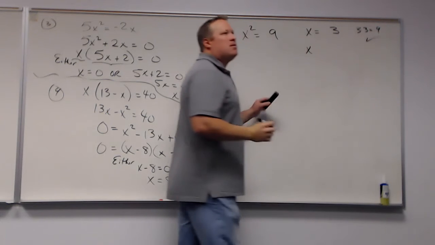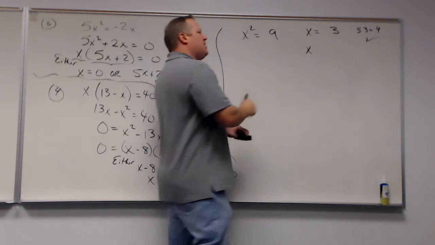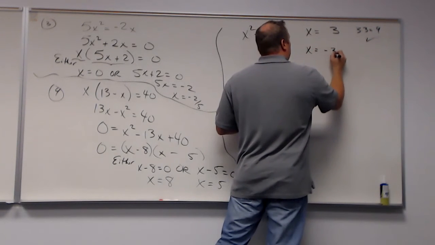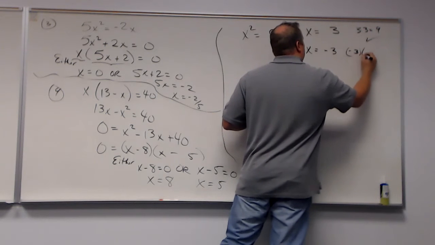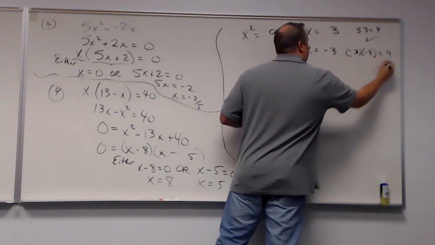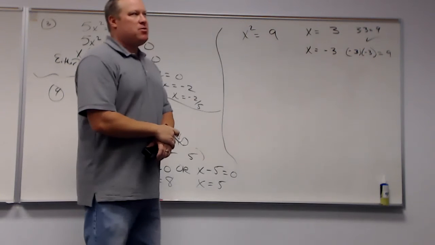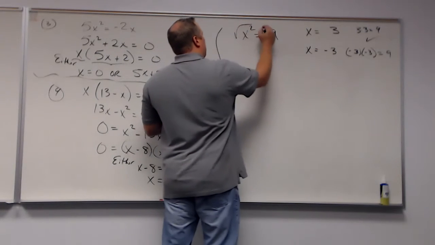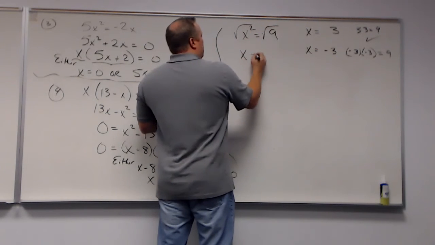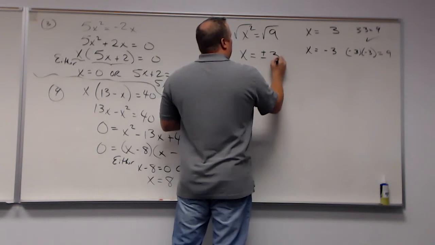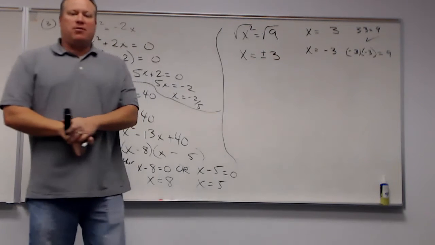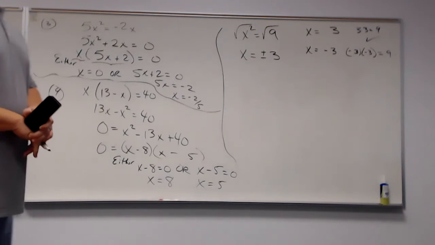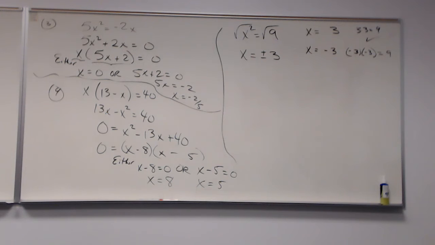Okay, that works. But if x equaled negative 3, well, negative 3 times negative 3 would also equal 9. That would also make the statement true. So when you have a variable squared, especially when you're squaring both sides, your answer has to equal plus or minus the other side, because you have to consider both the positive and the negative possibilities.